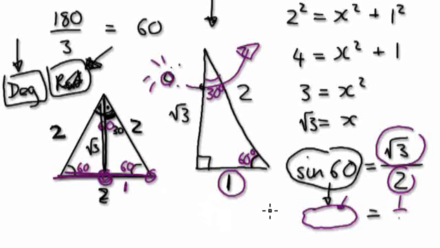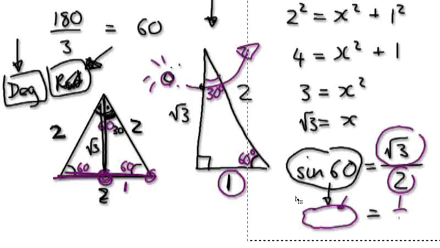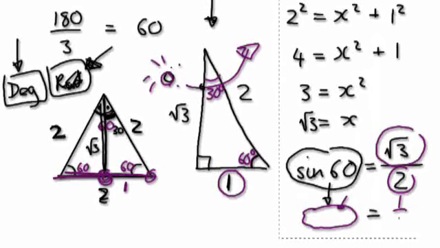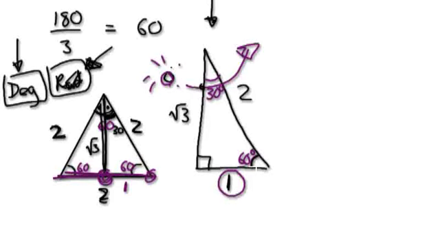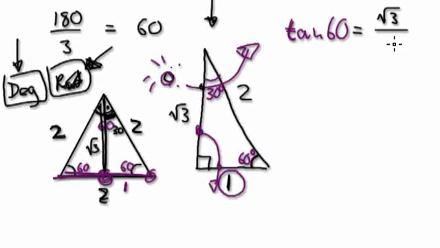Again, we can use the same technique. Now, we could use tan 60. Tan 60 would be root 3 over 1, which is just root 3.